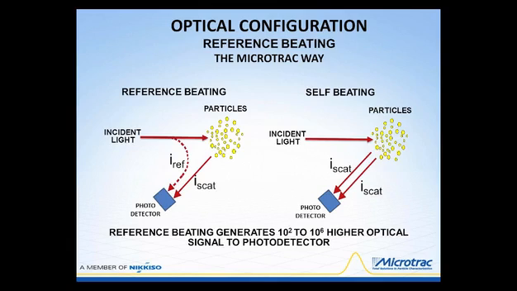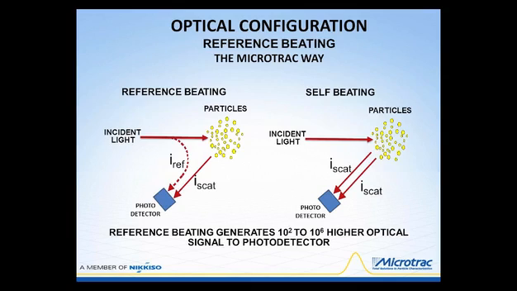One is to irradiate the sample with the incident light, collect the scatter at a given angle, and in the same path, introduce a portion of the incident light that will be delivered to the photodetector at the same point that the scattered light is introduced.